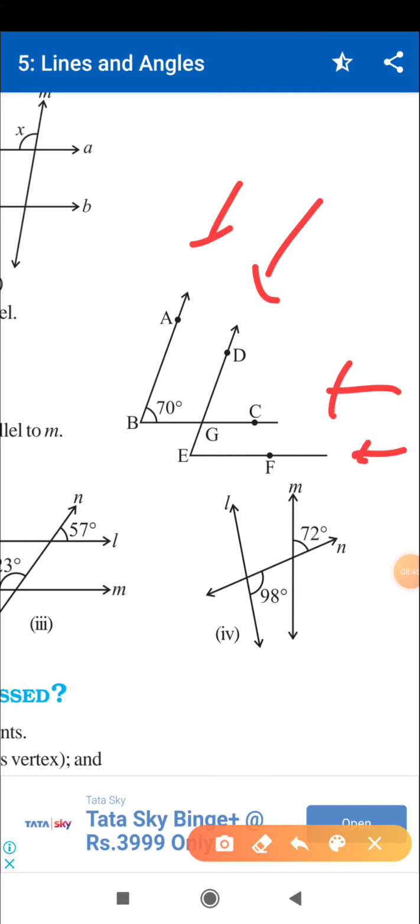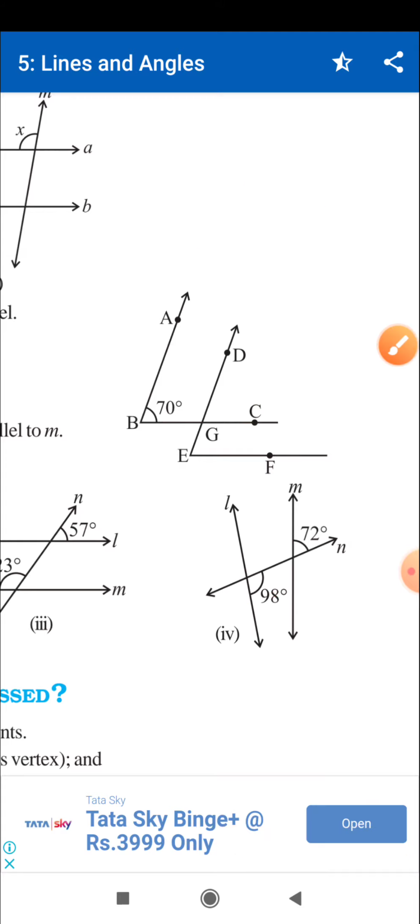So BC is a transversal, and from the corresponding angle property we can conclude that angle DGC is 70 degrees. Now BC and EF are parallel to each other and DE is a transversal here. So from this diagram we can conclude that angle DEF is also 70 degrees from the corresponding angle property.